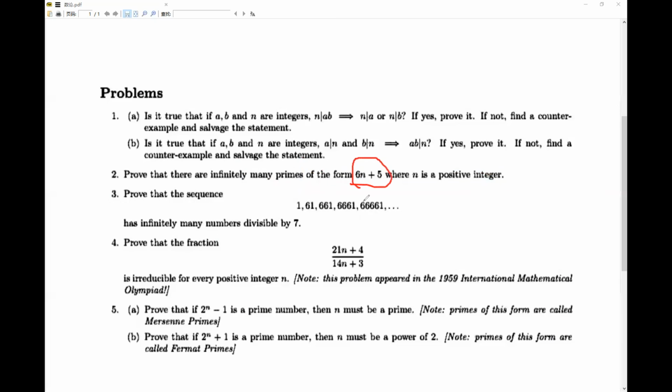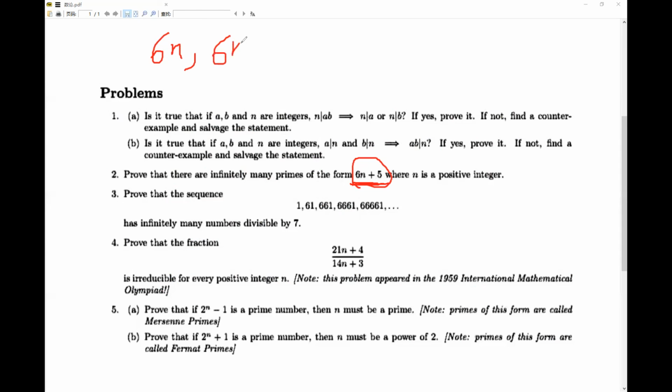First step, we have to divide the integers into different groups. I can divide all the numbers into categories. First is 6n.